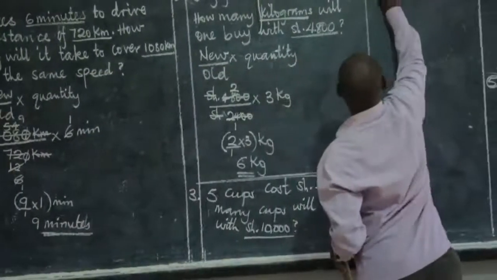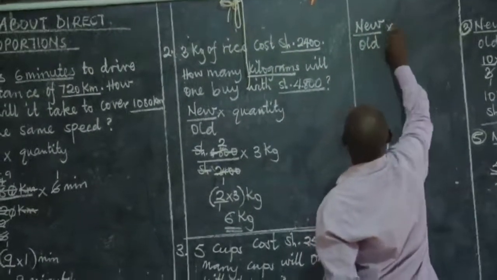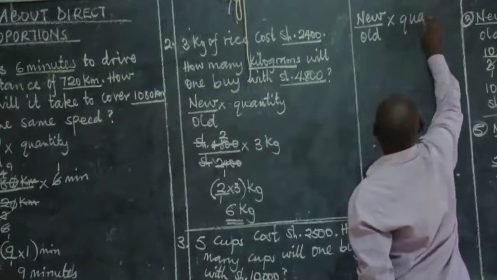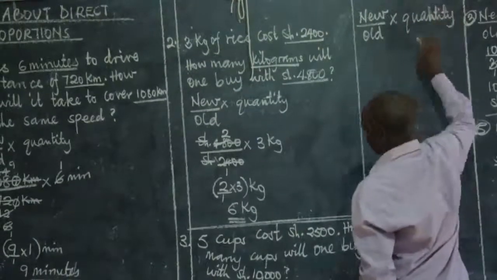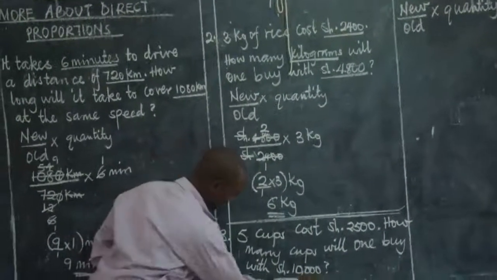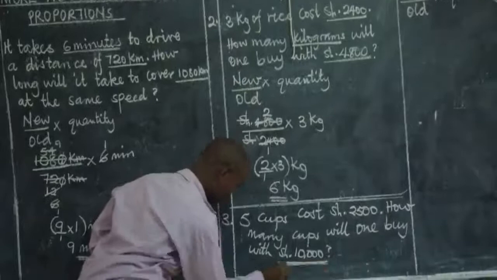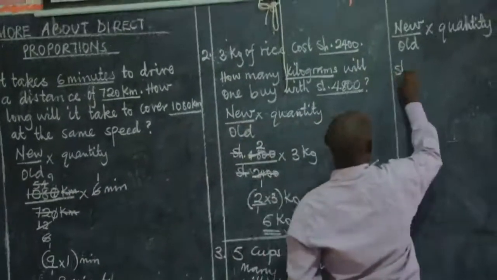So we get new out of old times quantity. So we are looking for the number of cups we can buy with 10,000. So 10,000 becomes new. Come and write here 10,000.